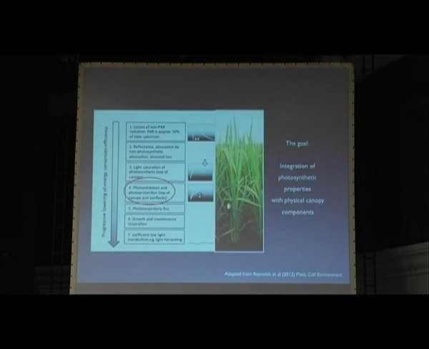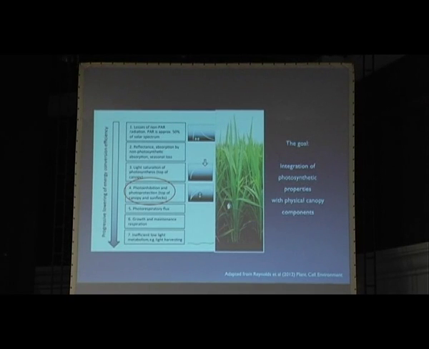So if I just follow that up, this is a sort of summary of canopy processes, and as we go from the top to the bottom of the canopy, we can pick out processes which result in a progressive lowering of photosynthetic efficiency.